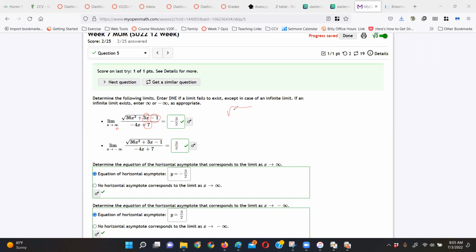So what I'm going to worry about is the square root of 36x squared over -4x. Now, if I take the square root of the numerator, that leaves me 6x over -4x. I could certainly cancel those out, however, we also have to pay attention to the signs.